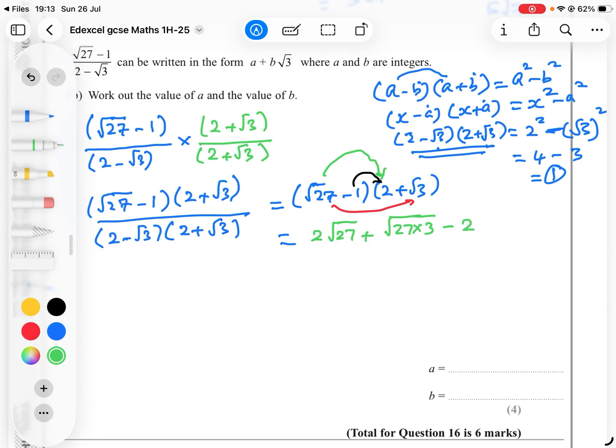Then minus 1 times root 3. I have to put it differently, this minus 1 times root 3, because this is minus 1. So minus root 3.